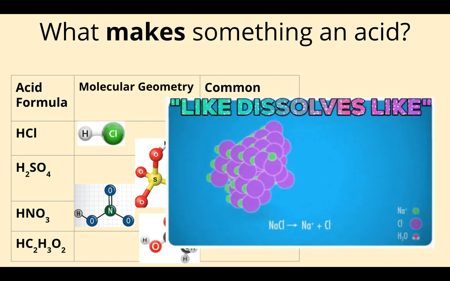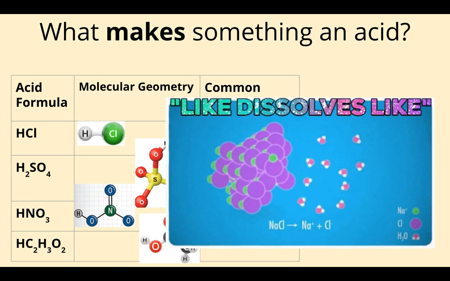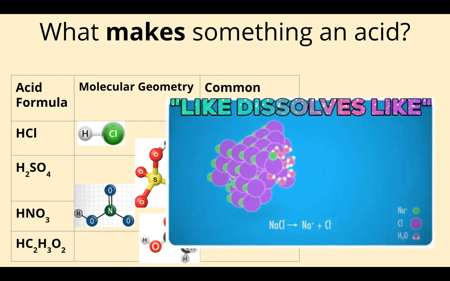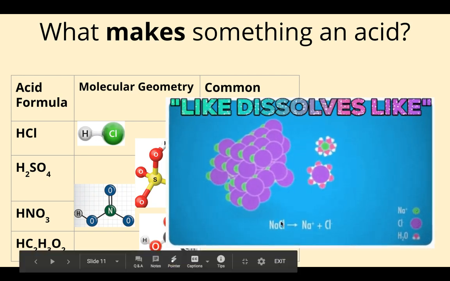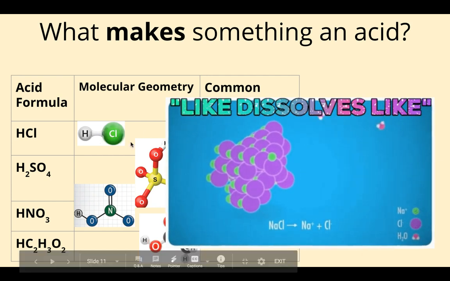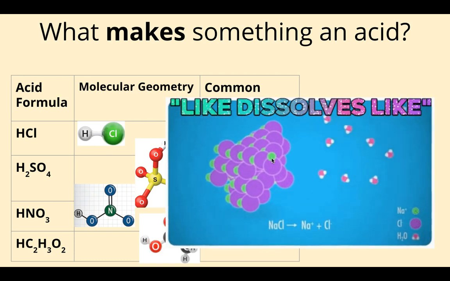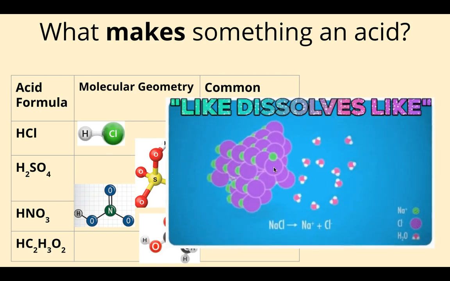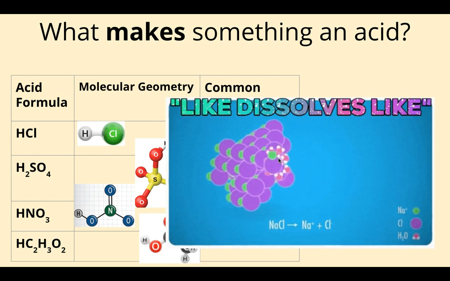Remember from 2 weeks ago that water is able to dissolve other polar molecules and ionic compounds. So, in this example that we looked at before with sodium chloride, now pretend instead that it was hydrogen chloride or hydrochloric acid. The green circle would now be hydrogen, and the water would still act the same way.